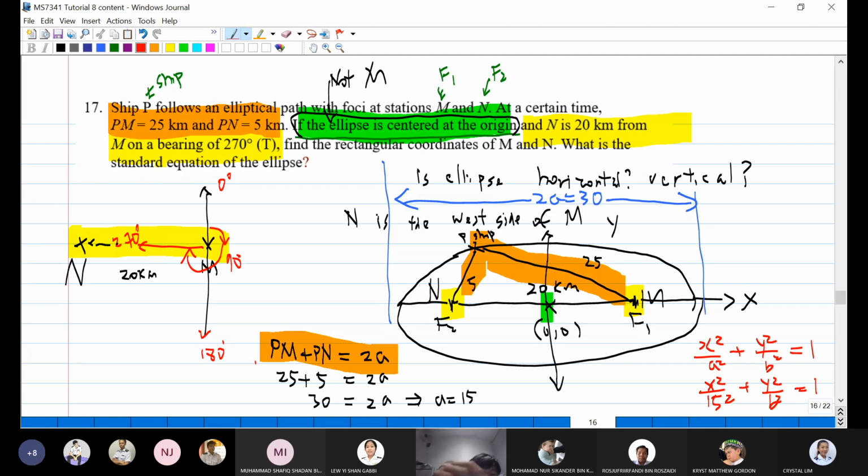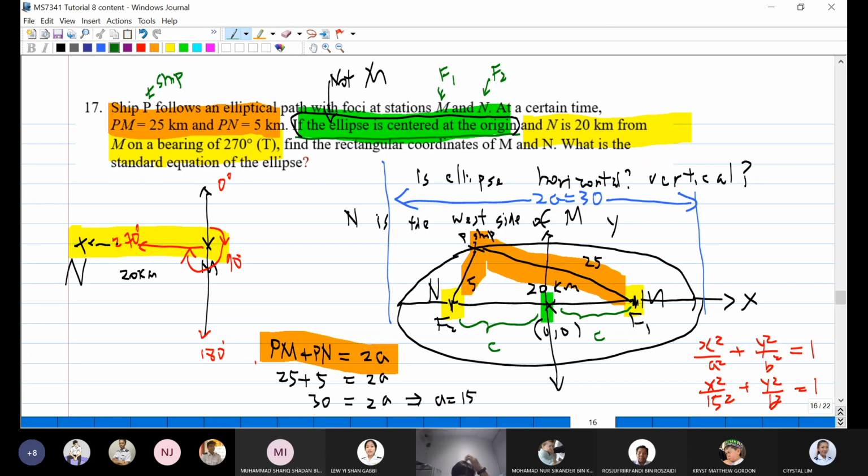This connection: the center to focus distance is called C. What is C now?